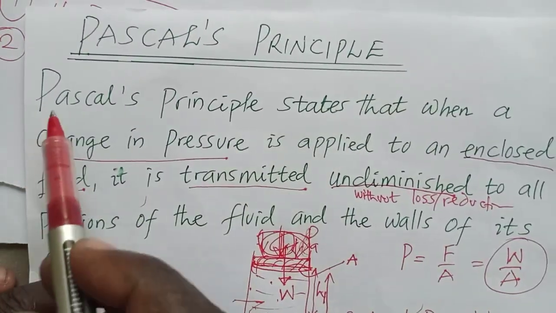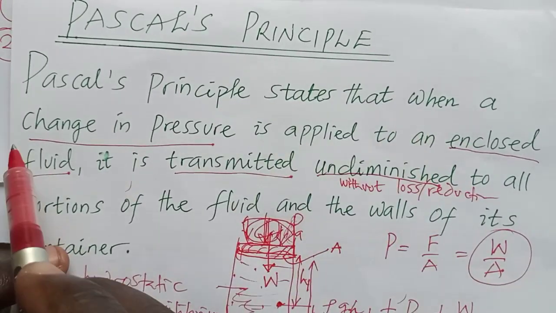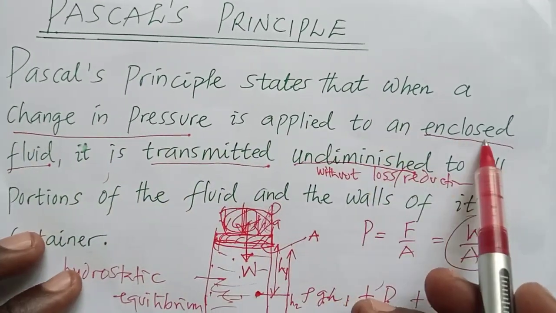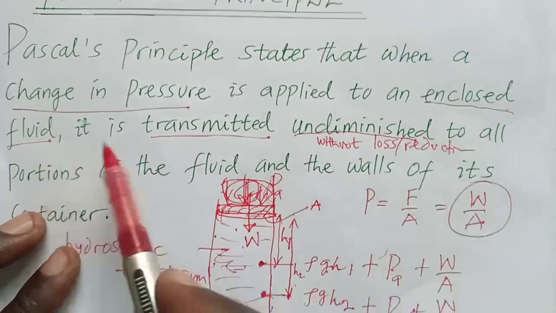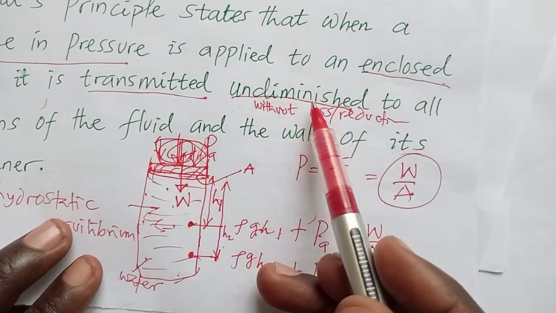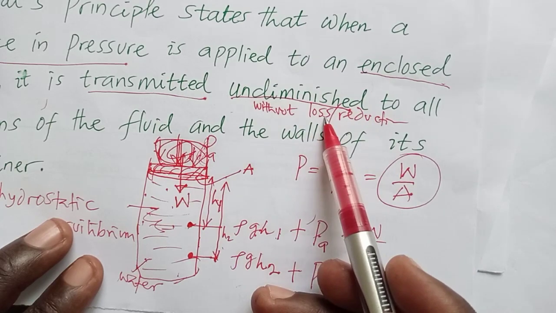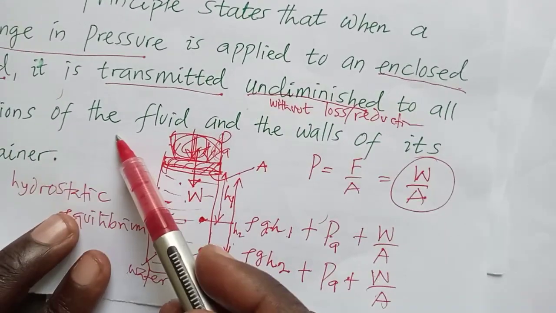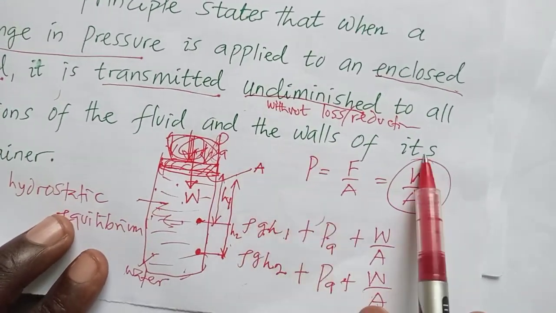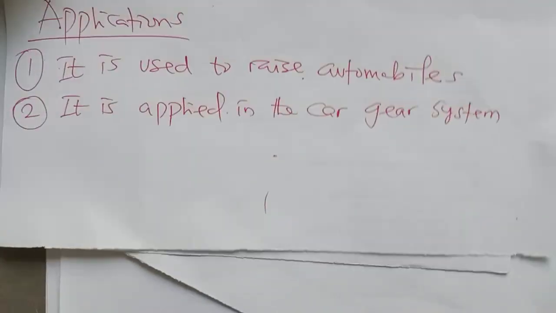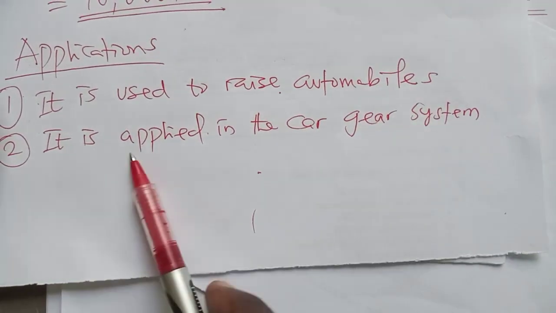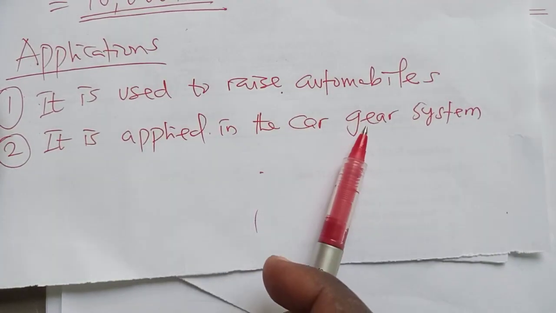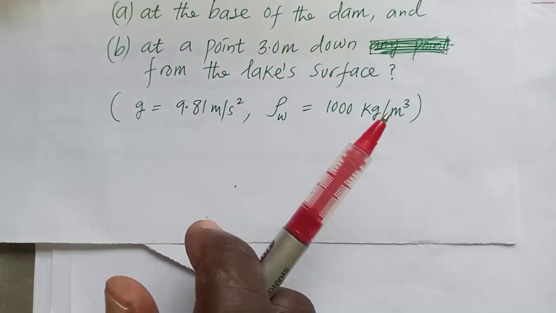It says that Pascal's principle states that when a change in pressure is applied to an enclosed fluid, it is transmitted undiminished, meaning without loss, without reduction, to all portions of the fluid and the walls of the container. We have seen the statement there, and here we have the applications. It is used to race automobiles. It is applied in the car gear system.